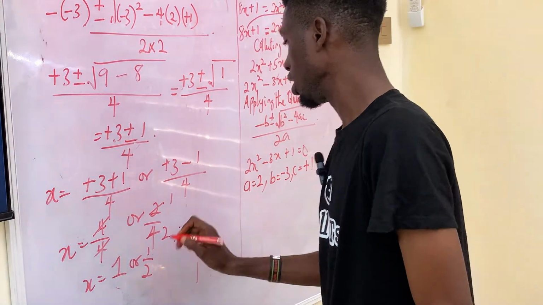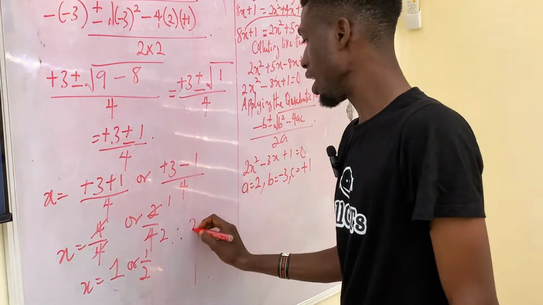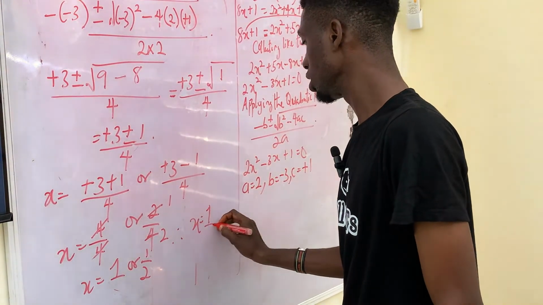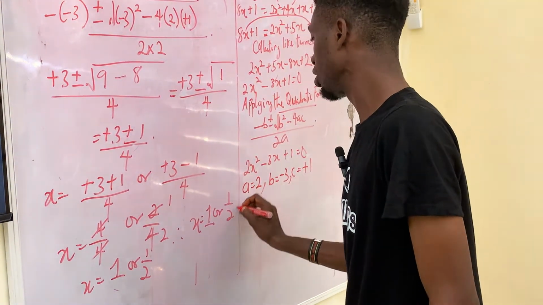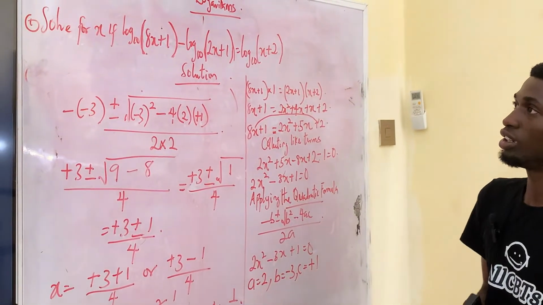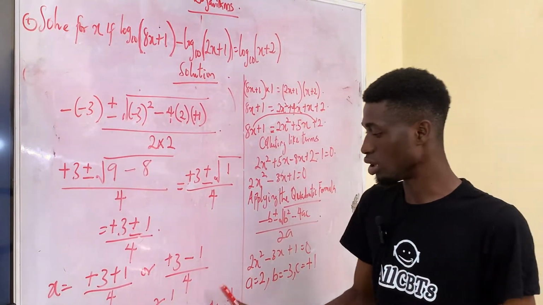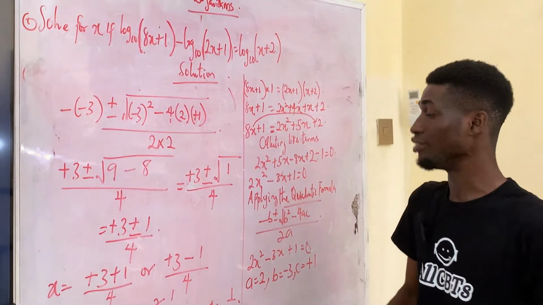So therefore, the values for x in this equation is x equals to 1 or half. So we have come to the end of this solution. So the values for x in this question is x equals to 1 or half.